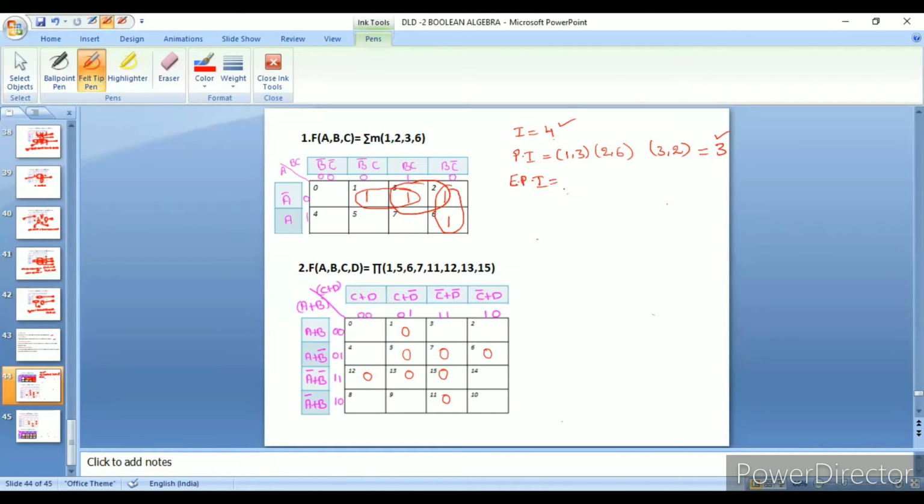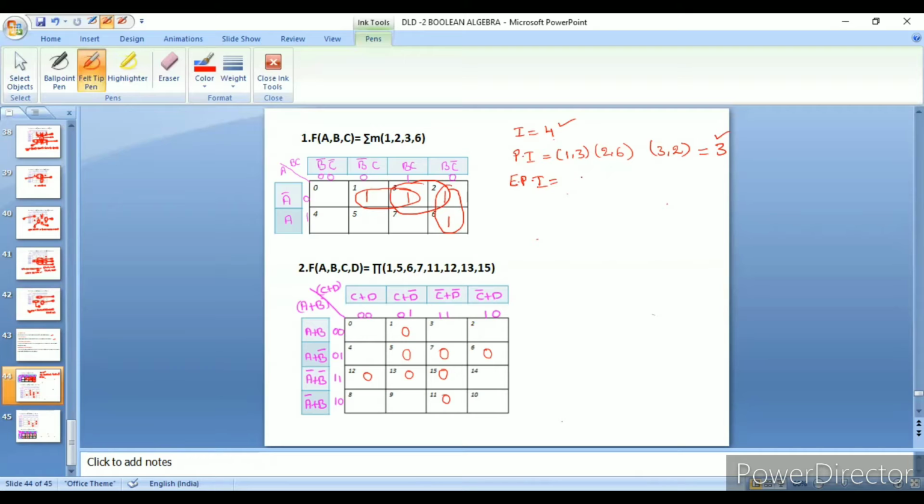Essential prime implicant means, first of all, it is a prime implicant in which at least a single minterm cannot be combined in any other way. So let us consider the above 3 prime implicants. From these prime implicants only we need to pick up the essential prime implicant.